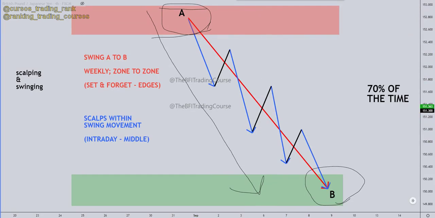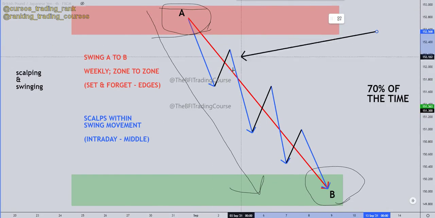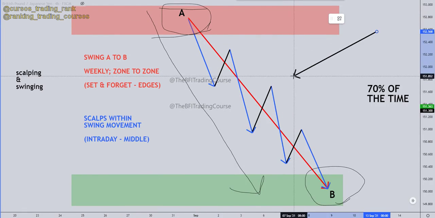Okay, but here's the thing: you're not going to be a master at swinging and scalping. Most people tend to master scalping. Honestly, most people tend to scalp and stay there, unfortunately.